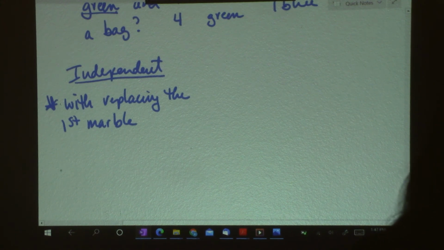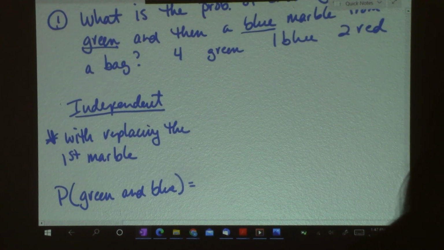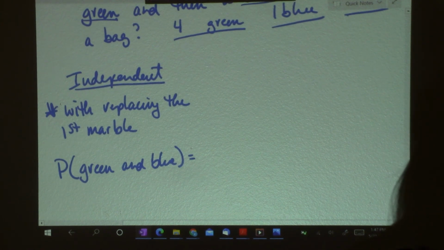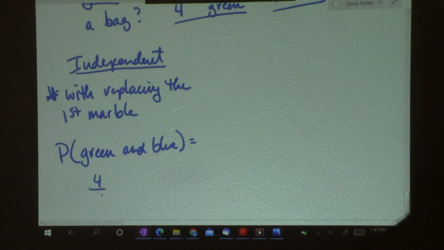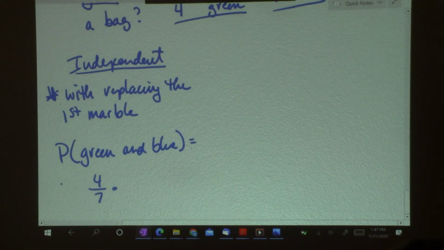All right, so what I do is I just multiply. So I have green and blue. So if I have this combination, 4 green, 1 blue, 2 red, remember probability is favorable over possible. So the probability of picking a green one would be 4 out of 7, right? And then I'm going to multiply that by my second event. So what's the second one? Blue. And this time I put the green back.